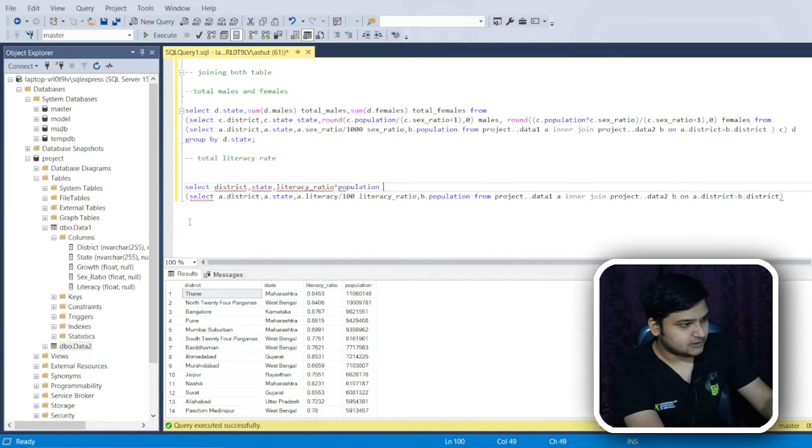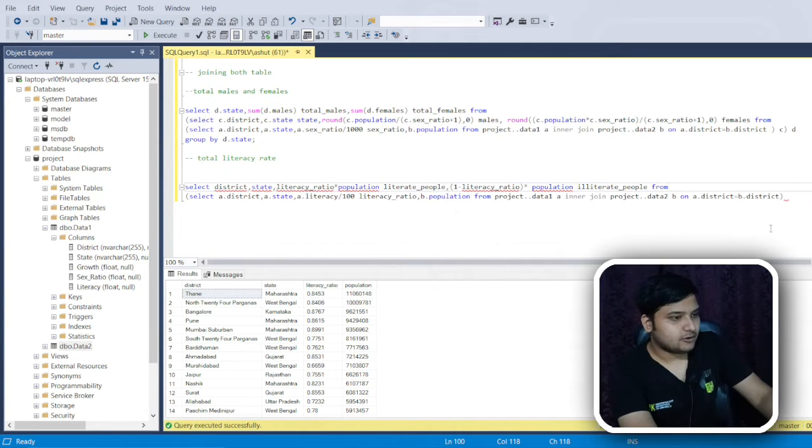This is the total number of literate people, and similarly 1 minus literacy ratio, and I would multiply this with the total population, and this is the total number of illiterate people, and we'll get this from this table.